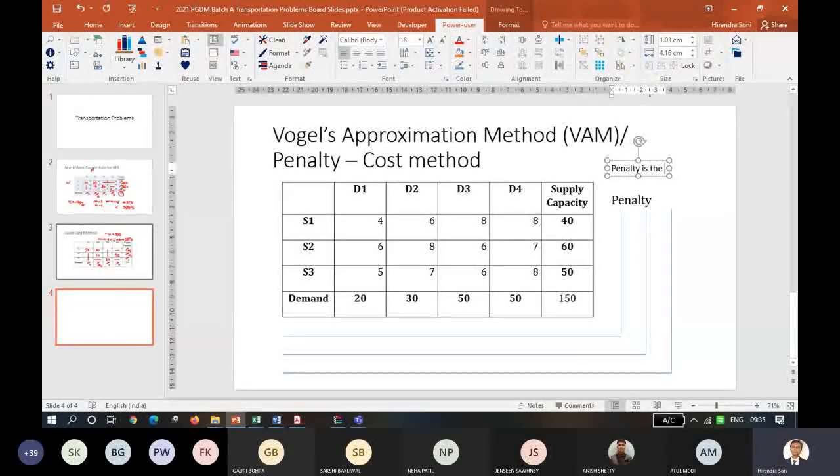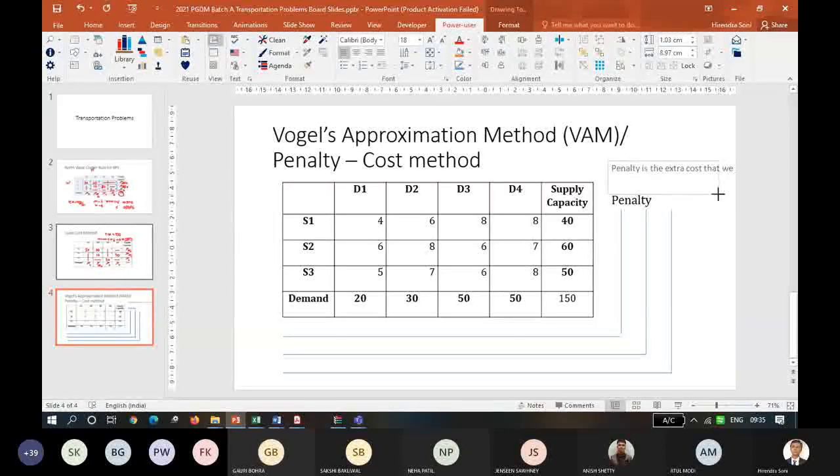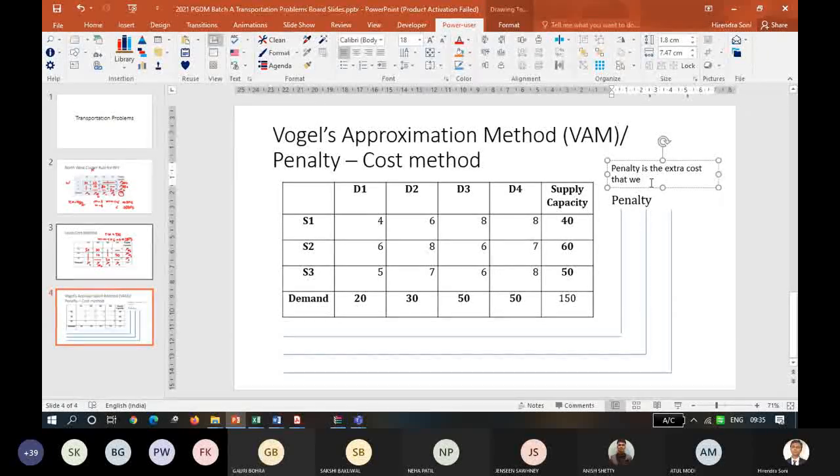Penalty is the extra cost that will be incurred in the second least cost cell instead of the least cost.